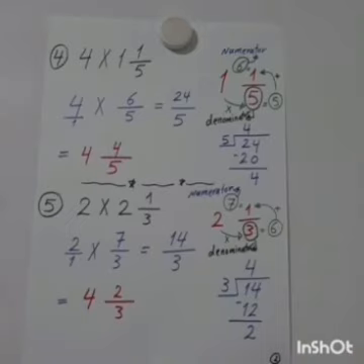The denominator in grade 4 will not change. So don't forget, I will not add the denominator. I will not subtract the denominator. In your lessons here, we will not make any change in the denominator.